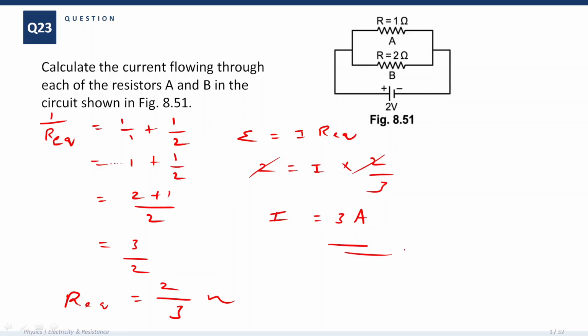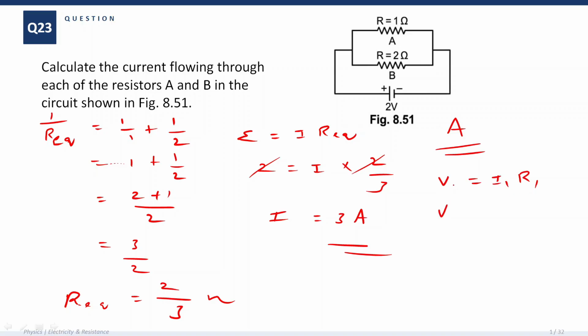3 amperes. Now the same potential is applied across the resistors. Then I will write it, through A, V equal to I1 R1.